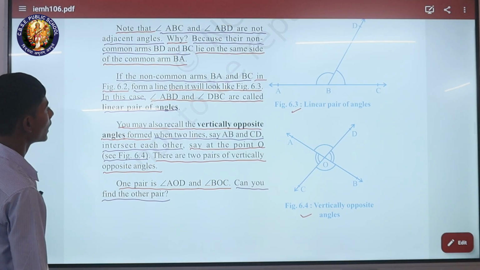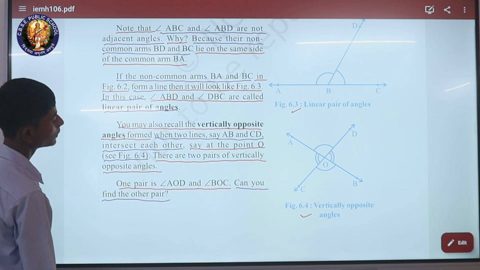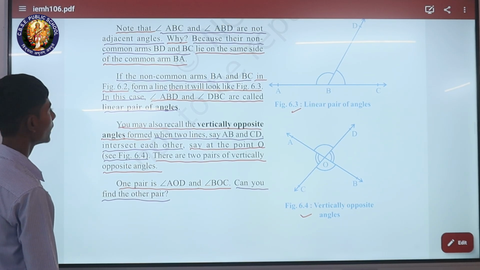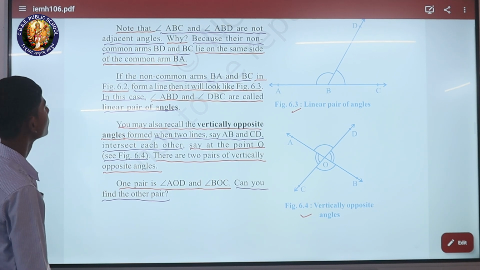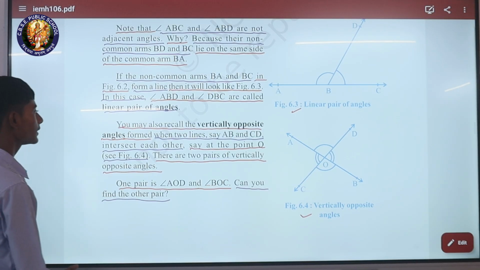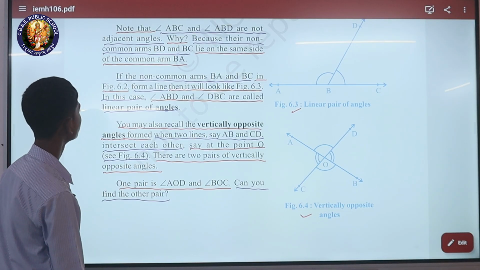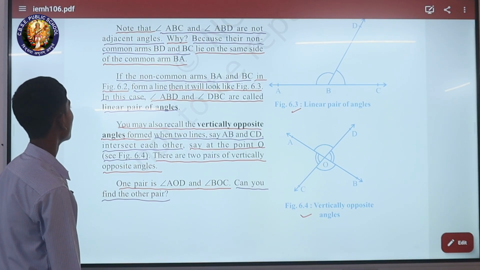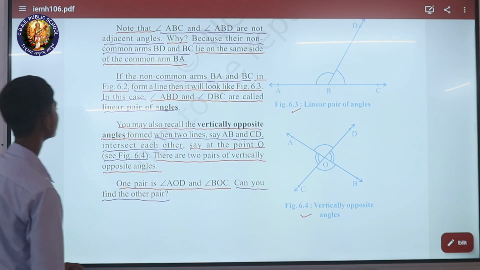If the non-common arms BA and BC in figure 6.2 form a line, then it will look like figure 6.3. In this case, angle ABD and angle DBC are called linear pair of angles.